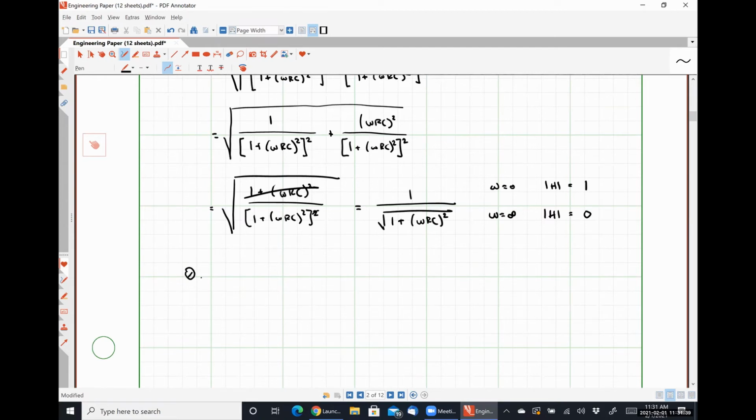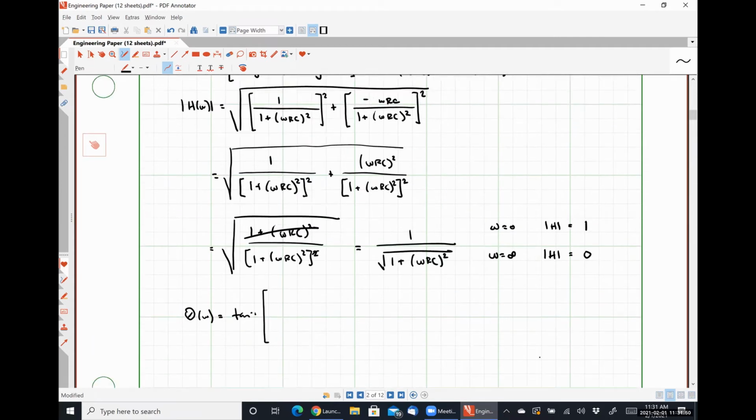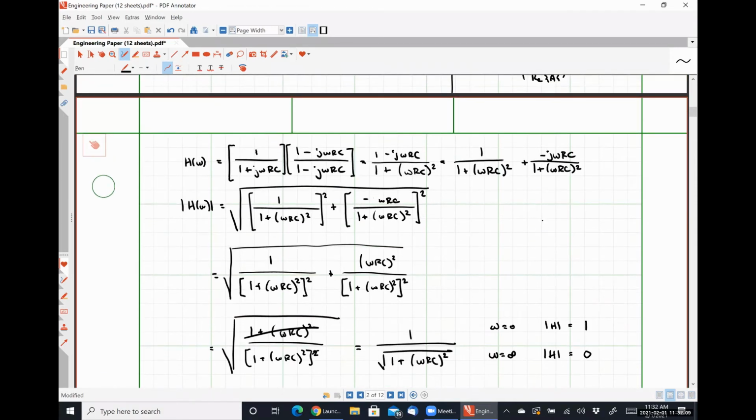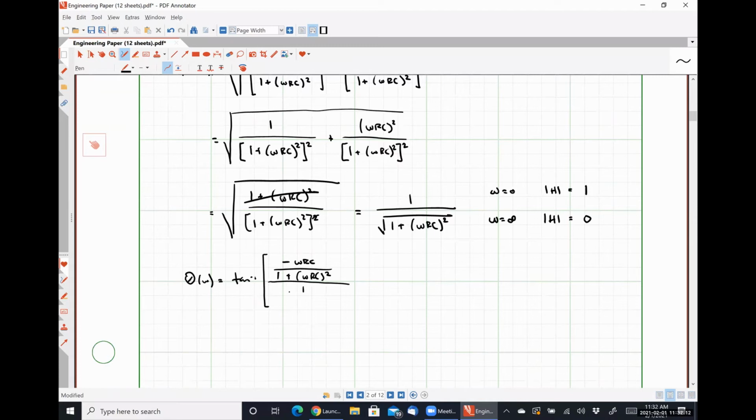Theta as a function of omega, if you recall, is the arctangent of the imaginary portion, which in this case is negative omega RC divided by 1 plus omega RC quantity squared, all of this over the real portion, 1 over 1 plus omega RC squared.